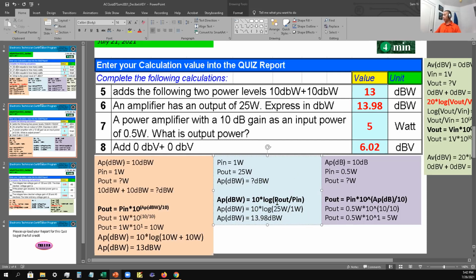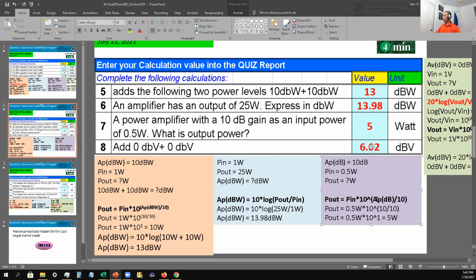Okay, so number seven. Now we've got a power amplifier with 10 dB gain and an input power of 0.5 watt. What is the output power? So we're saying the gain was 10 dB, and P in is going to be 0.5 watt. They want to find out what is P out, in ordinary gain. So we apply the formula before.